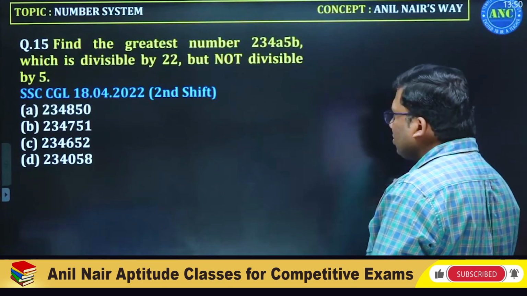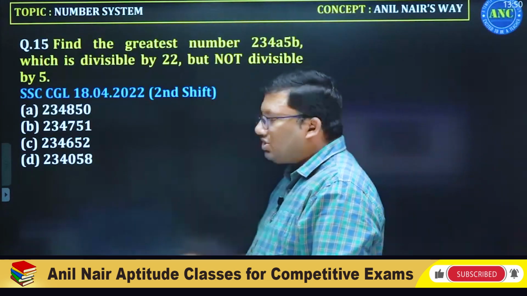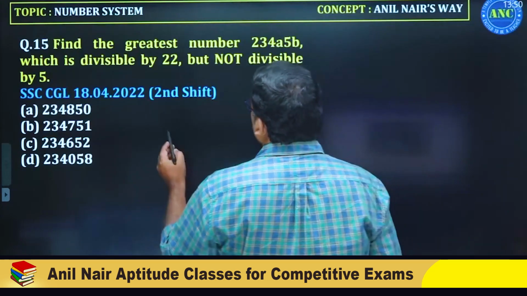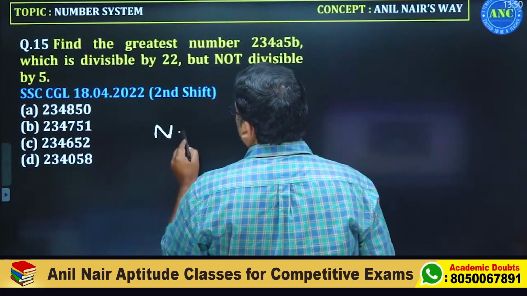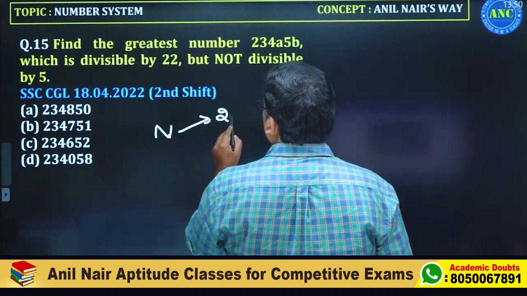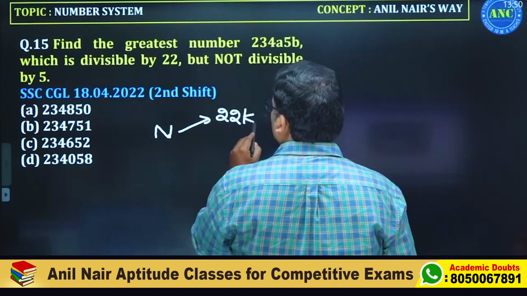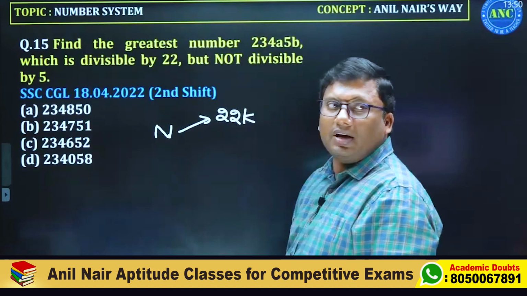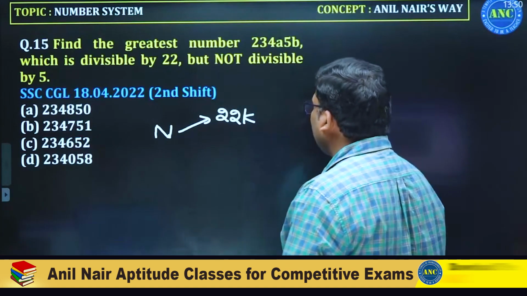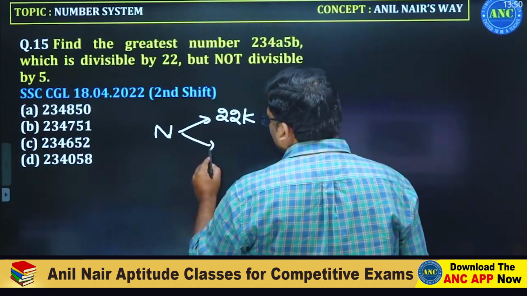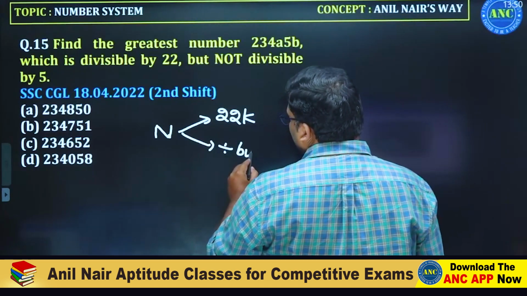Find the greatest number that is divisible by 22 but not divisible by 5.